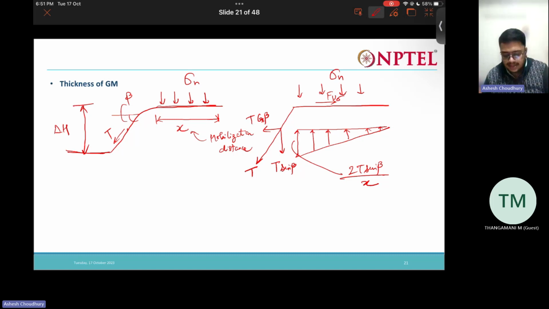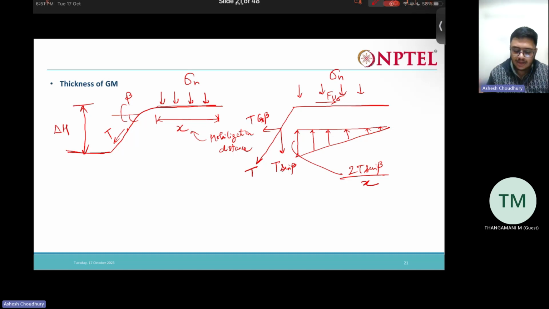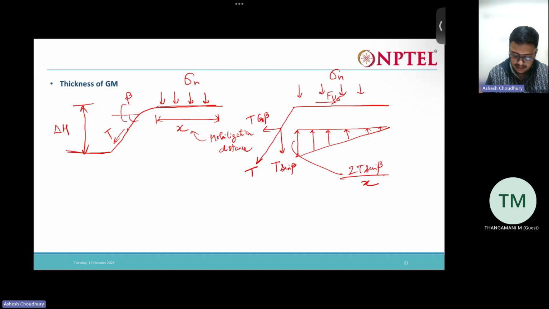If there is water at the top, or a very thin layer of soil, then this F_U sigma doesn't exist. But if there is a thick soil cover present there, then this will exist. At the bottom, we have two more forces.